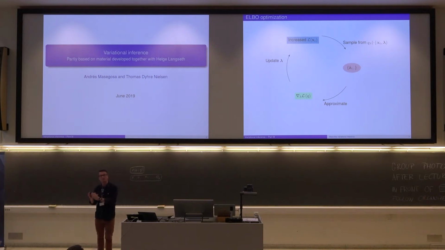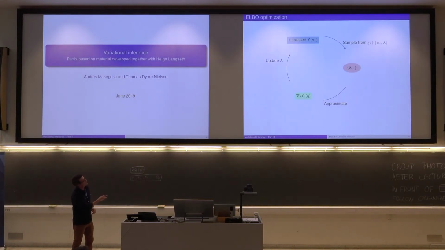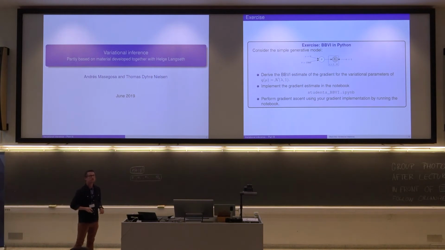We're only looking at the basic black box variational inference algorithm with no reparameterization tricks at all. So we need to only focus on this part down here. And so at each time step, do we sample once, only one sample, or do we sample a batch?